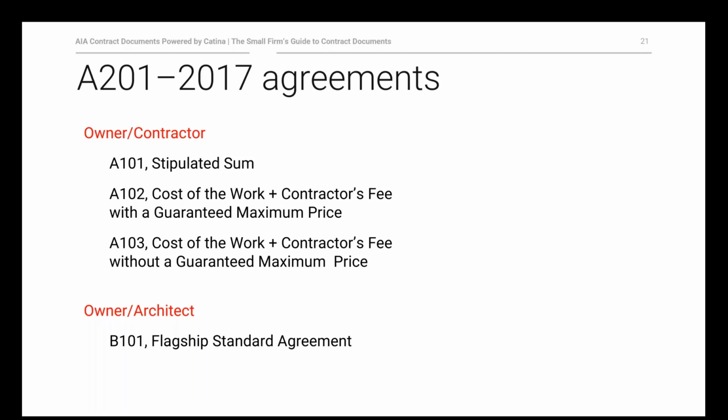And the A103 also covers cost of the work, but without a guaranteed maximum price. On the owner architect side, the B101 is considered the AIA contract documents flagship owner architect agreement. That's the one that will likely fit most scenarios and is the one we point to most often.